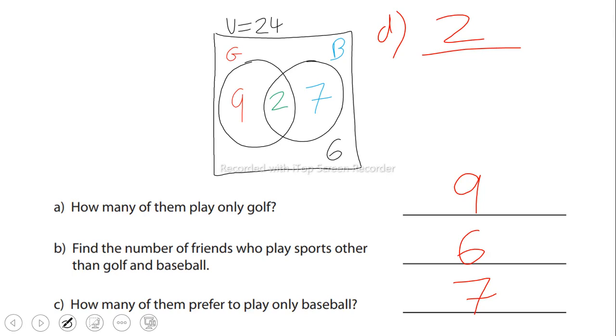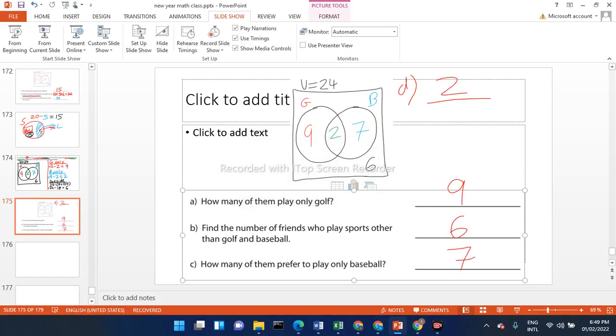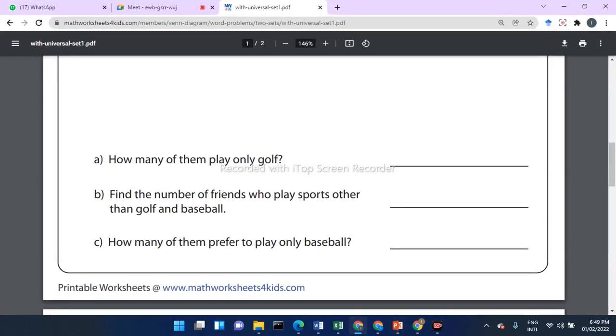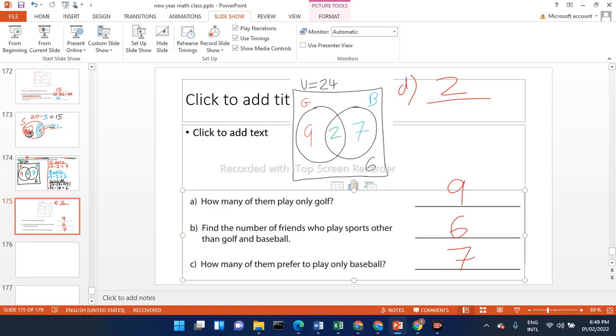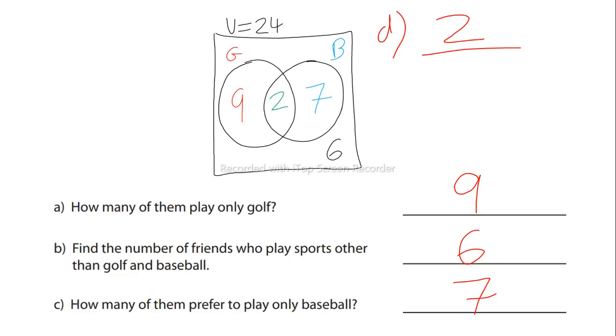Make sure I put the box around the set. The two circles, make sure I put a box around it. Don't just have the two circles flying in the middle of the air, just like that. Kiante, I haven't received anything from you.